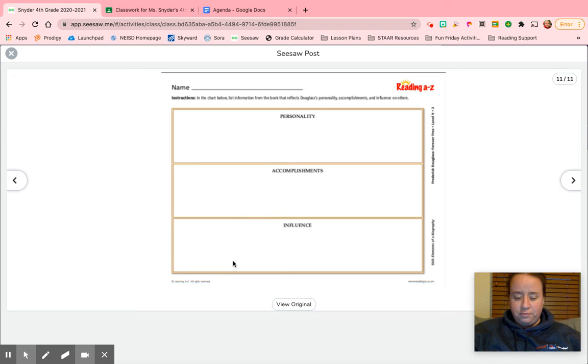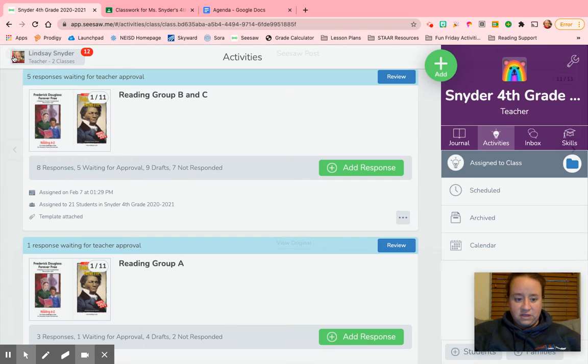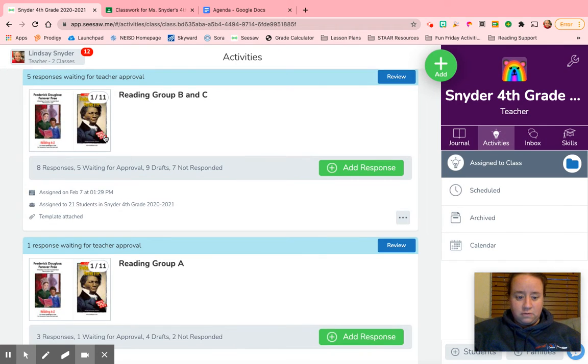Now that you've read the book, you're just talking about what is his personality, accomplishments, and influence. Make sure you're not just saying, oh, he was great and he accomplished lots of things. Go back to the book and find those specific things and make sure it's showing evidence that you read the story.